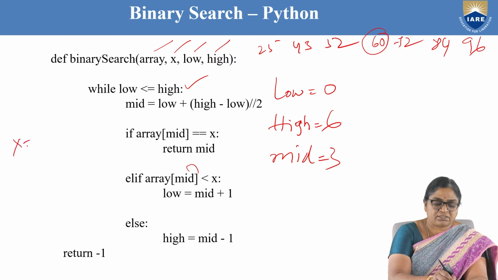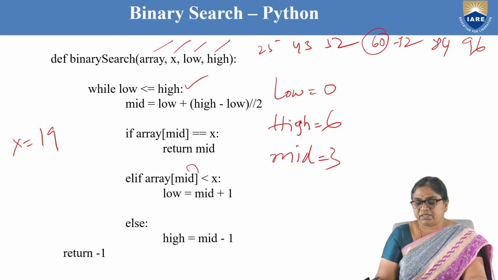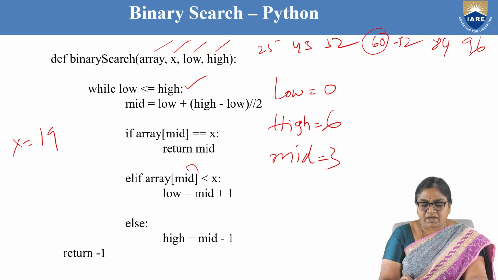What is x? X is equivalent to 19. Is it equivalent to 19? No. So, what we have to do? Next, we have to compare whether the key element is greater than the middle element or less than the middle element. So, next we are checking is array of mid is less than the key element.